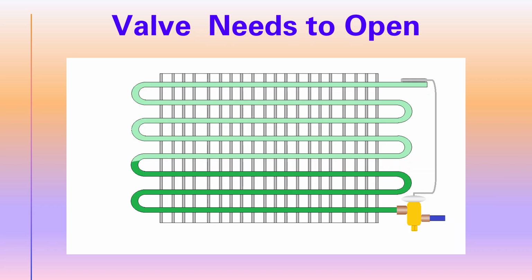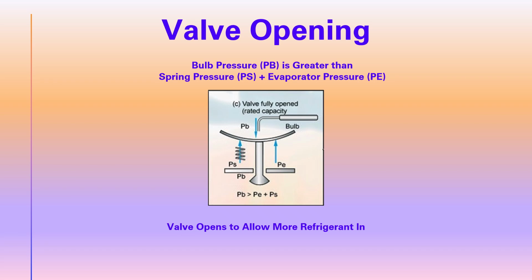Here we see the opposite effect where the refrigerant level is much lower and therefore the superheat is much higher. In that case, the bulb starts getting warmer, so therefore the pressure within the bulb on the diaphragm is greater.